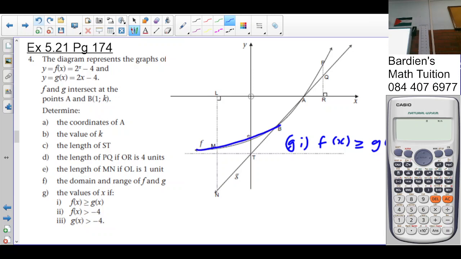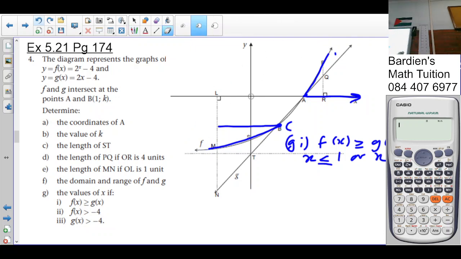It's more than up until B, then g of x is on top till A, and then f is on top again. Did you see that, people? The solution is broken. So x must be less than, what's your x value at B? 1, or x must be more than 2. Are they equal at B? Yes. Are they equal at 2? Yes. There we go.